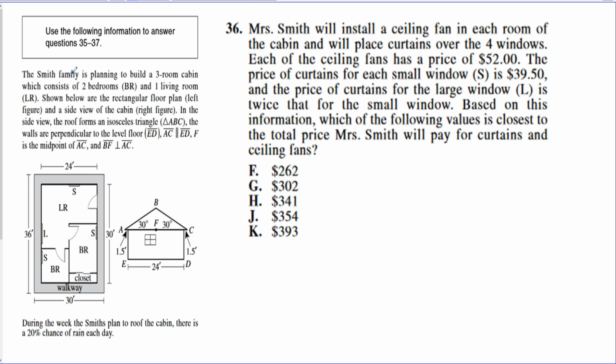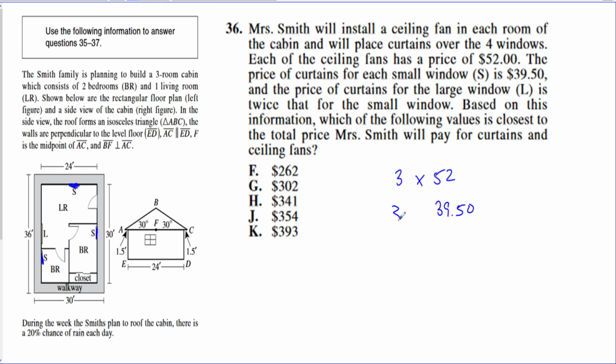I see that it says over on the left-hand side, this is a 3-room house. So if we have to do ceiling fans, I'm going to do 3 fans times $52 each fan. Okay, and then I have $39.50. Right, that represents the cost of the small windows. Right, and if I'm looking at my picture here, I can see that there's a small window here in the living room. There's a small one in the bedroom, and a small one in the other bedroom.